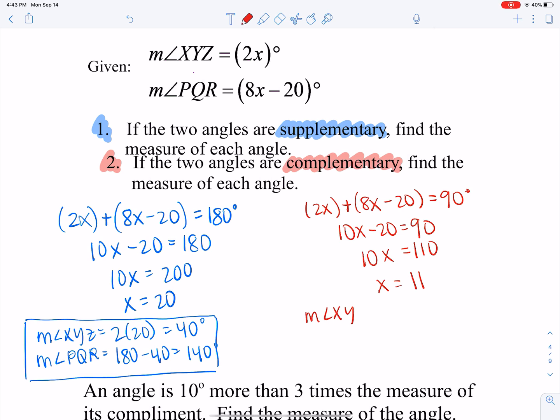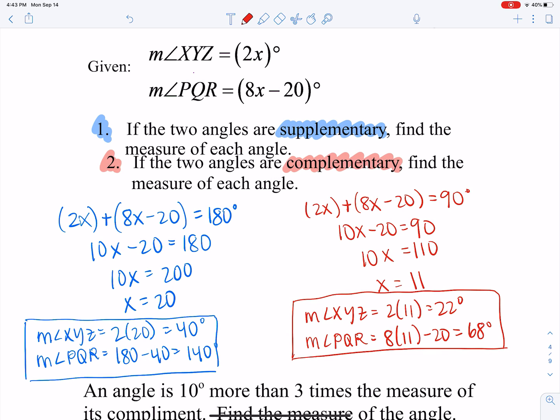Now if I'm plugging it back in to find the measure of each angle, 2 times 11, 22 degrees. And I could subtract 22 from 90, or another way would be just to plug it in. And this is a good way to check to see if your answer makes sense. 88 minus 20 would be 68. So I can add up 22 and 68 and check and see if they equal 90, which they do.